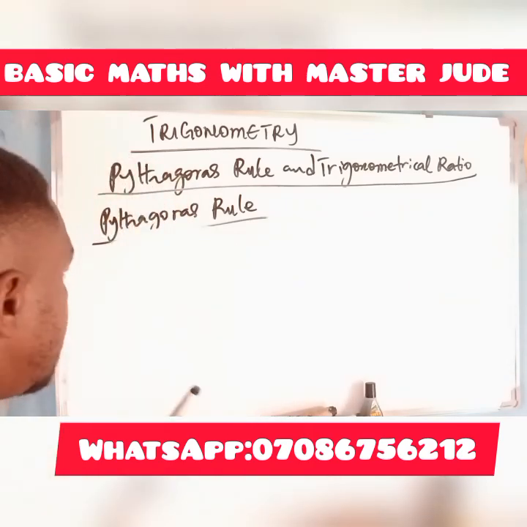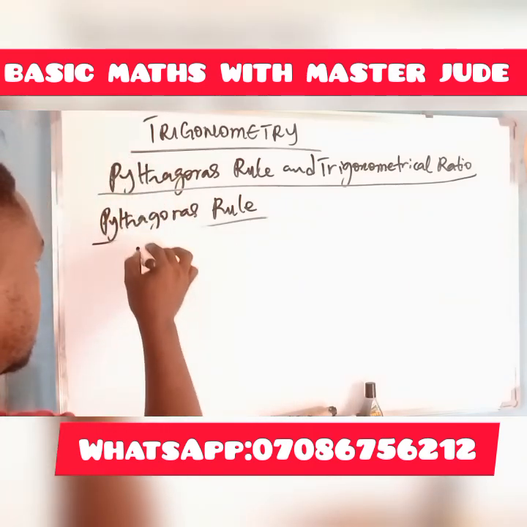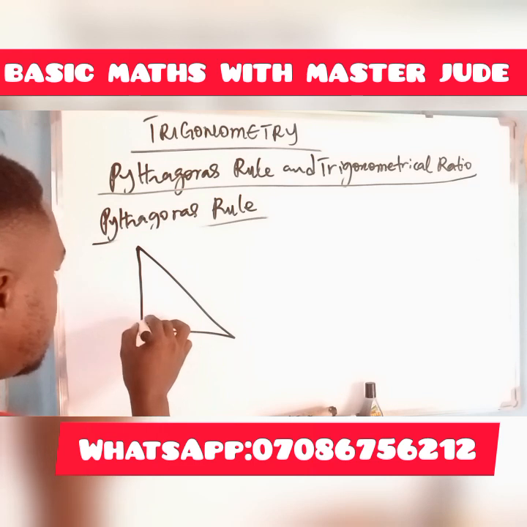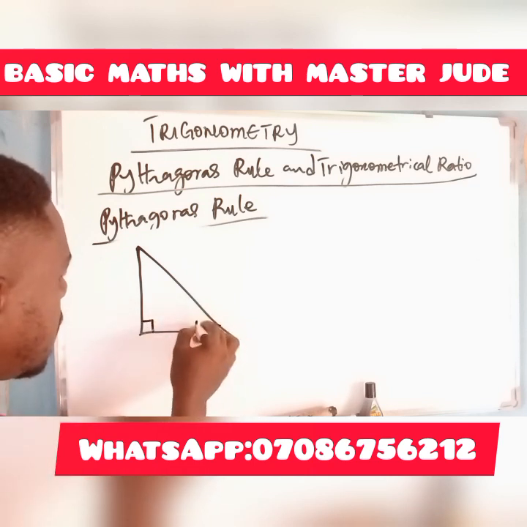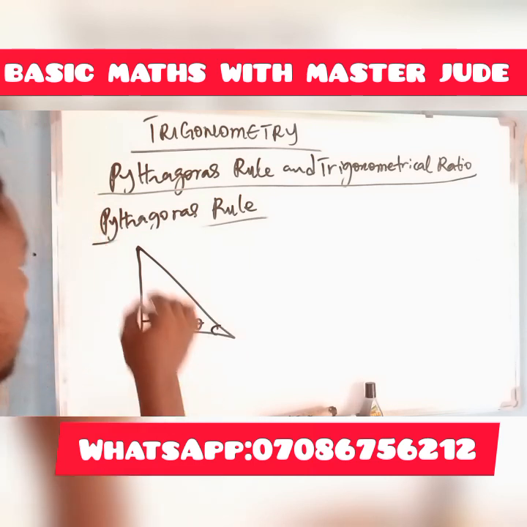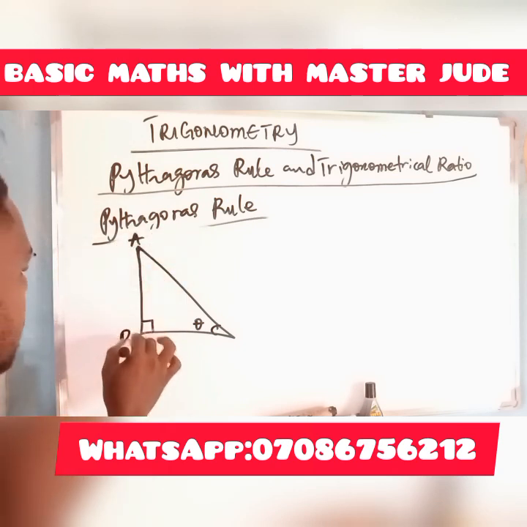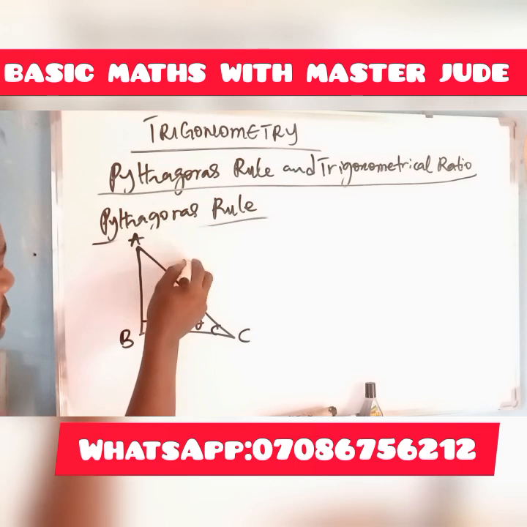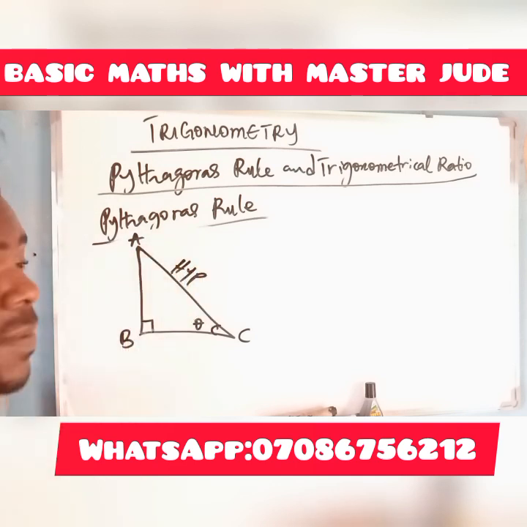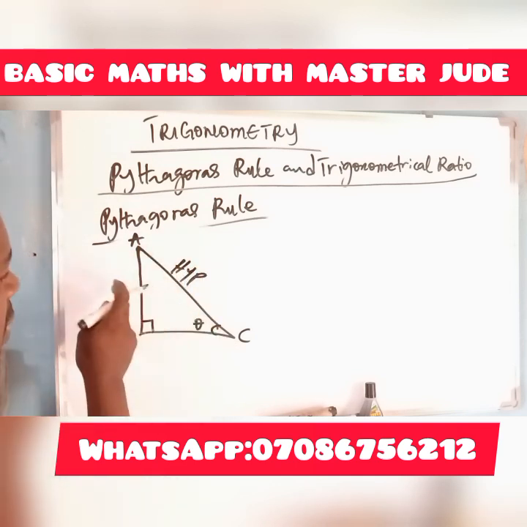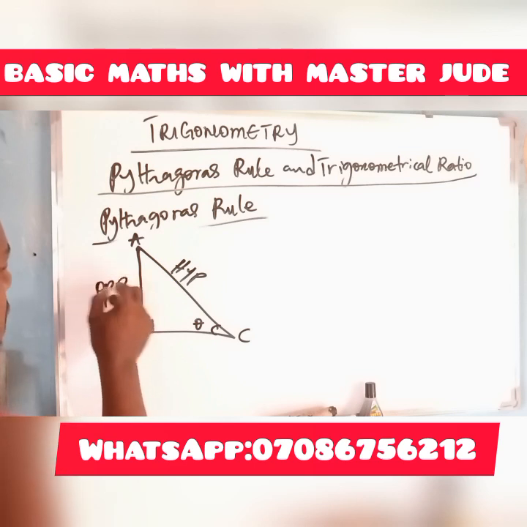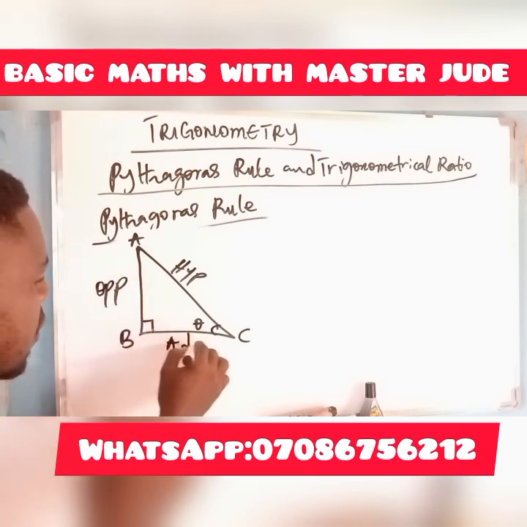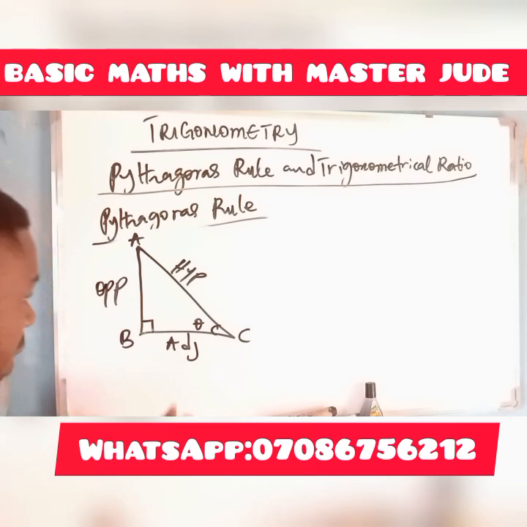We are told that in a right angle triangle, this is your 90, this is your theta. Now let's do a little identification. This is A, B, C. The side facing the angle 90 degrees is known as the hypotenuse side. The side facing the theta is known as the opposite side. Then the remaining side is known as the adjacent side.